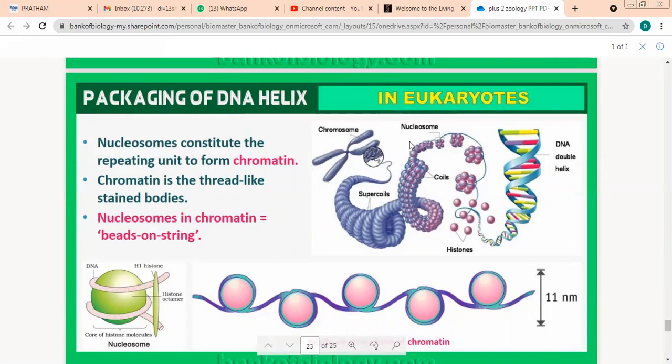See, let's see this. This is your chromatin fiber, this thread-like structure. On the chromatin, you have these beads, moti jaisa, bead-like structures. These are your nucleosomes. That means nucleosomes are found on which fibers?